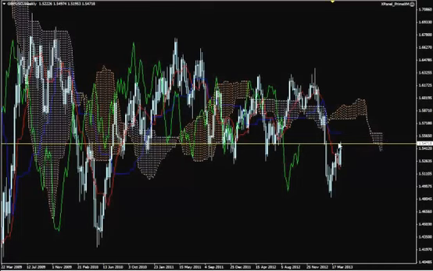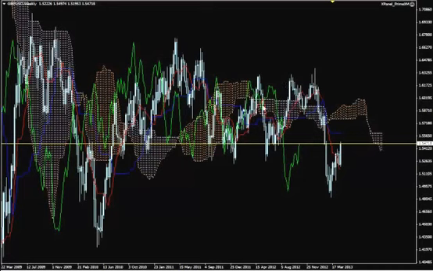And the last weekly candlestick has been a huge bullish candlestick. So there are a lot of bullish biases here. We see that Senkou span looks upwards.